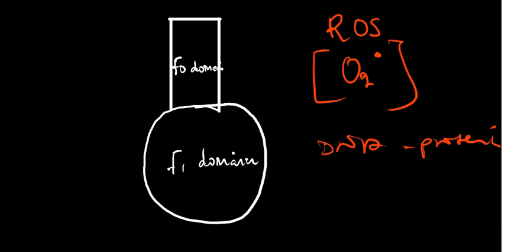So reactive oxygen species damage the DNA, the proteins, and also cause lipid peroxidation. Enzymes such as superoxide dismutase, catalase, or glutathione peroxidase are the ones that act against those reactive oxygen species.